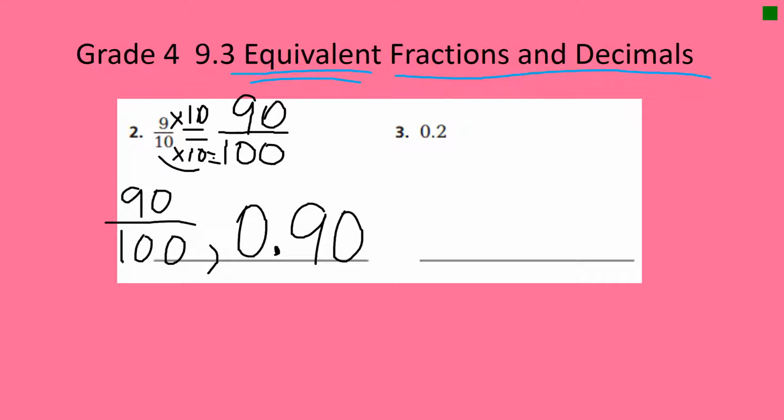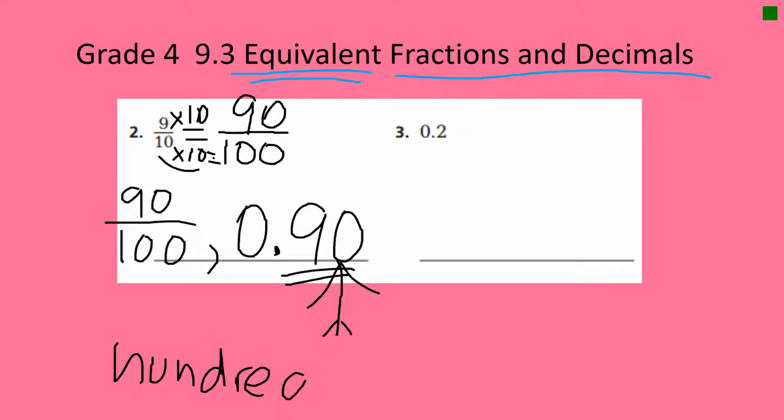I just write plain old 90, and then I ask, where did it end up? In the hundredths place. That's the hundredths place value there. 90 hundredths.